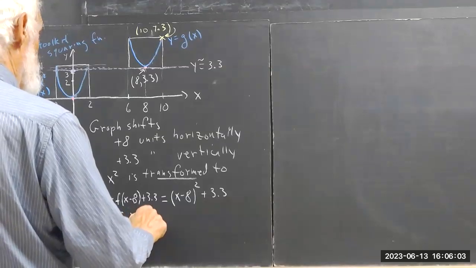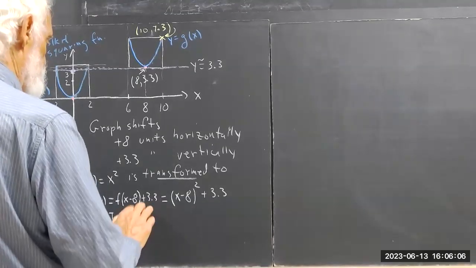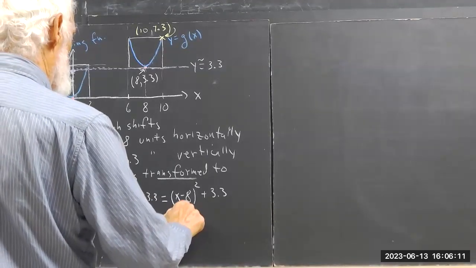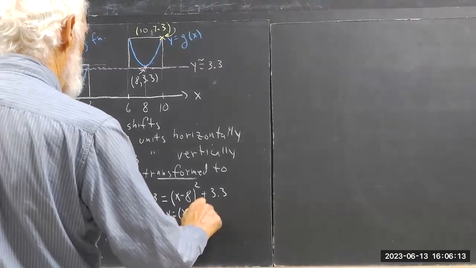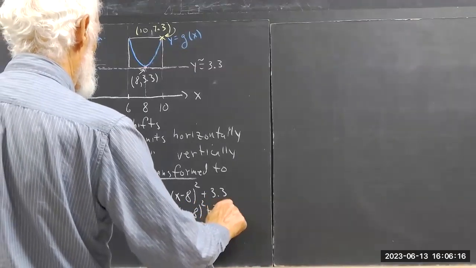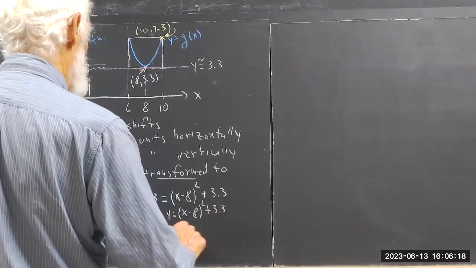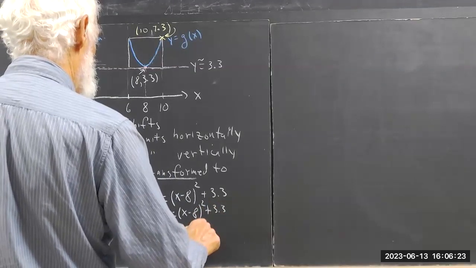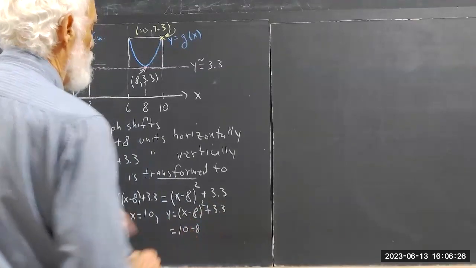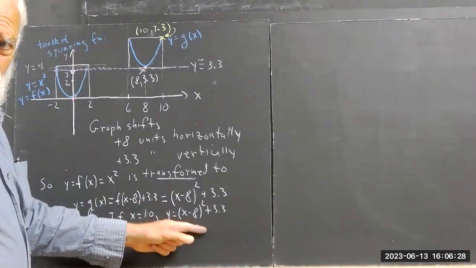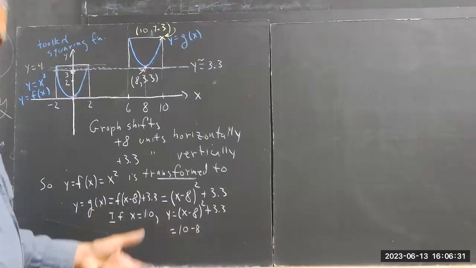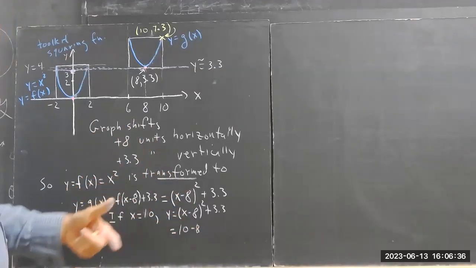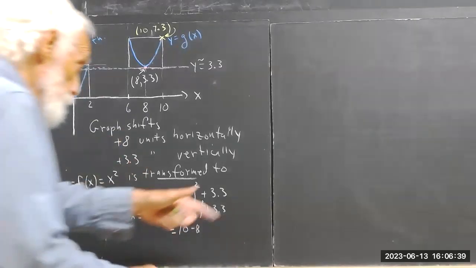If x equals 10, not 7.3, y equals (x minus 8) squared plus 3.3 is equal to, now you can evaluate this, so don't sit there and watch me evaluate it. Evaluate it yourself. You might not even need to pause the video. Pause the video for 10 seconds and figure it out.